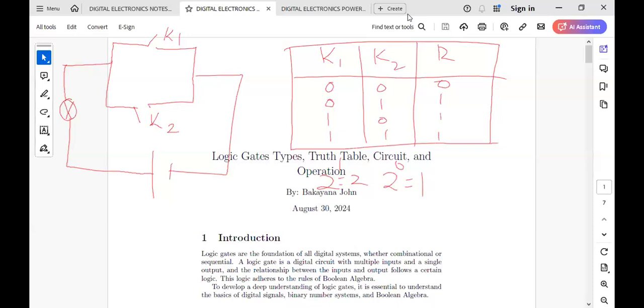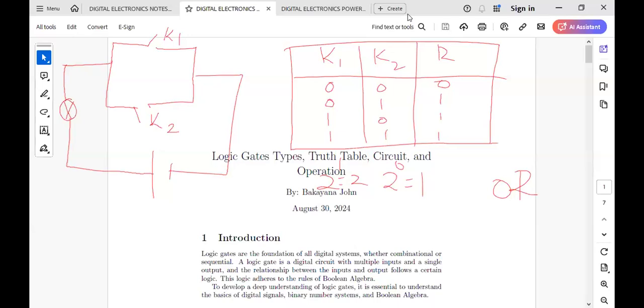We say that current will flow if either one of the switches is closed or both are closed. And that is the origin of the OR gate. Is that okay?